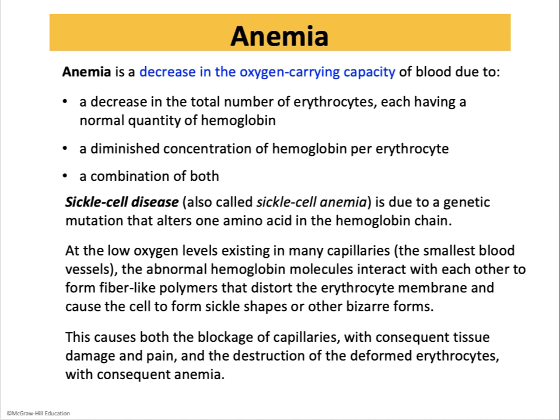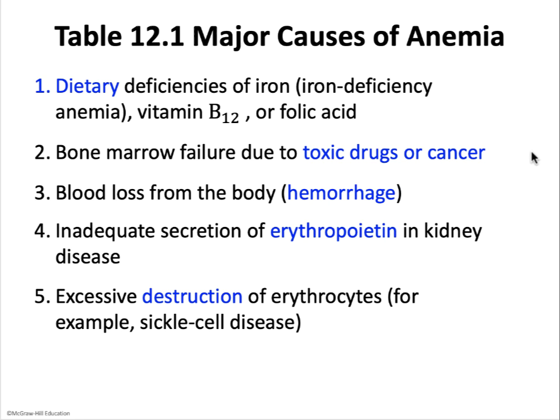Sickle cell anemia, sickle cell disease, can also cause anemia because under certain conditions, especially low oxygen levels, the red blood cells in these individuals, which are genetically defective, begin to sickle, therefore their concentration reduces, and that reduces the ability to carry oxygen. Table 12.1 here lists the major causes of anemia in human populations.